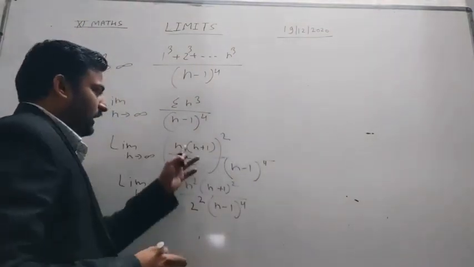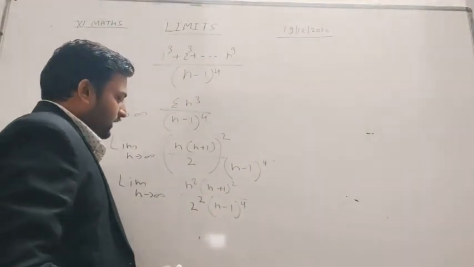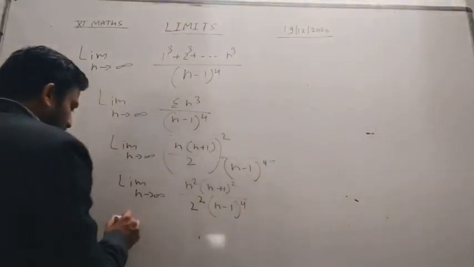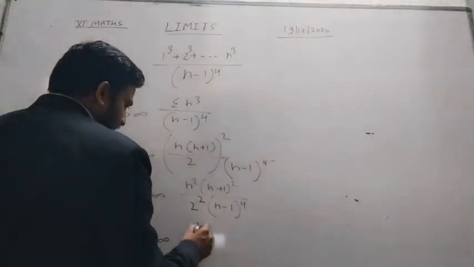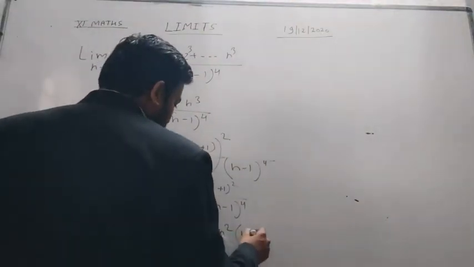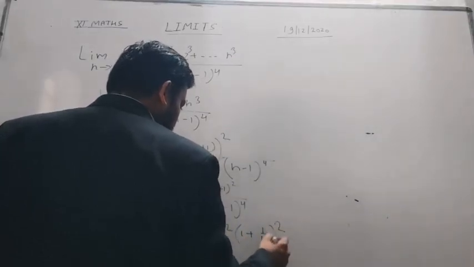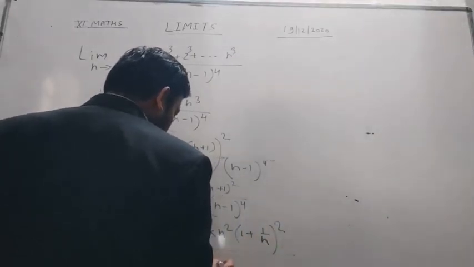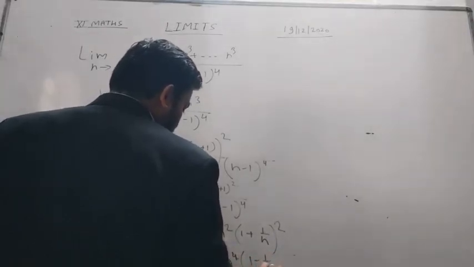Now we take the square out separately: n square times n plus 1 square by 2 square times n minus 1 whole square. The limit as n tends to infinity, taking n square outside, we get 1 plus 1 by n whole square by 4, and taking n to the power 4 outside from here, we get 1 minus 1 by n to the power 4.